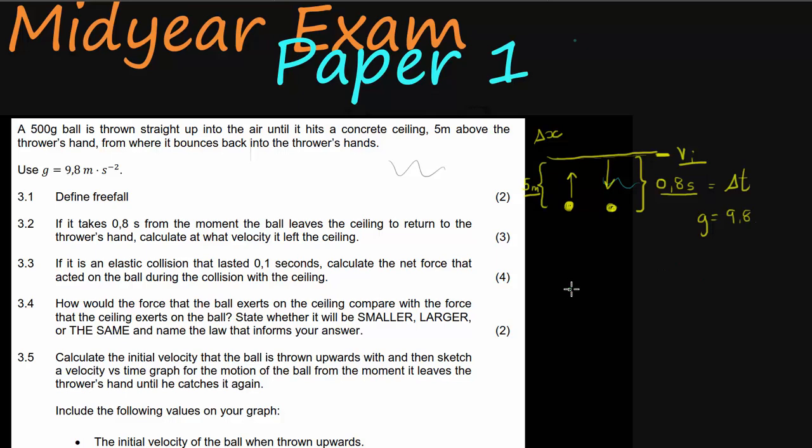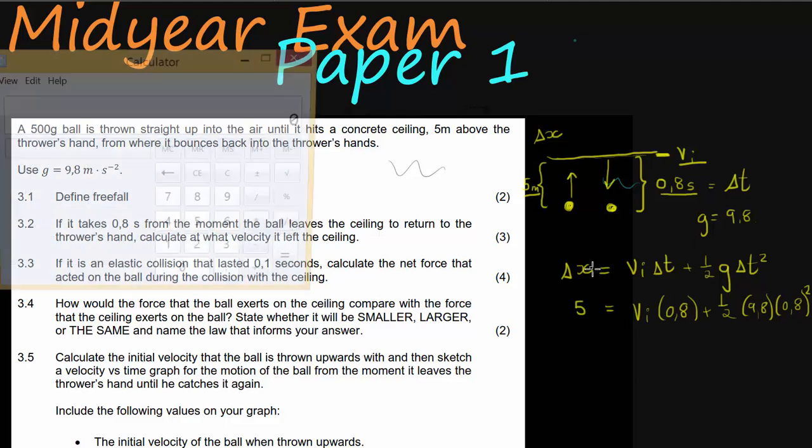The only formula that has everything we need is delta x equals vi delta t plus a half g delta t squared. So 5 is equal to vi times 0.8 plus a half times 9.8 times 0.8 squared.